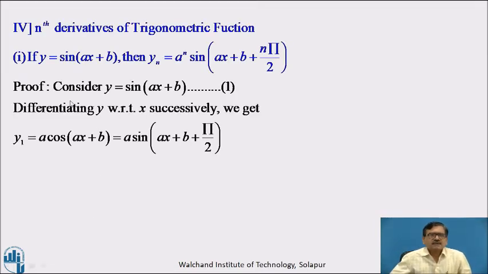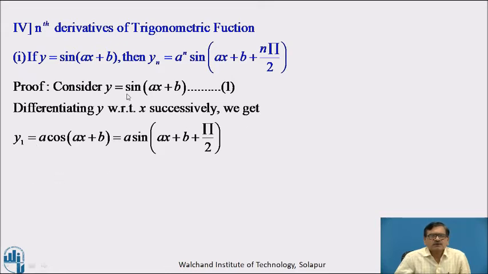And now we will see the nth derivative of trigonometric functions. In that again, first one is, if y equals sin(ax plus b), then yn equals a raised to n into sin(ax plus b plus n pi by 2). Now consider y equals sin(ax plus b) as equation number 1. Differentiating y with respect to x successively, we get the first derivative y1.